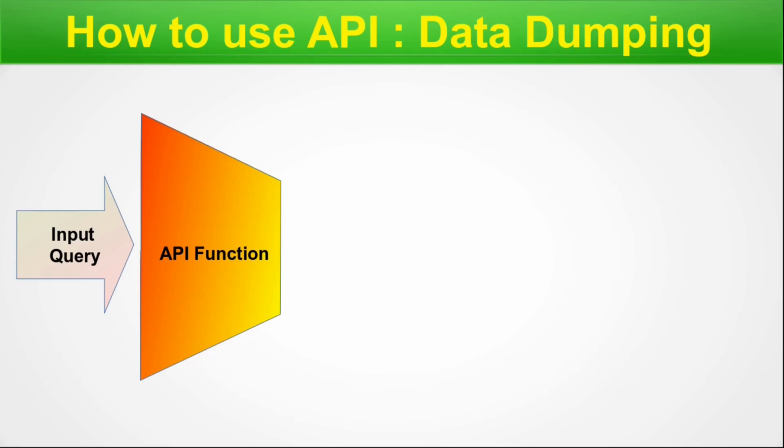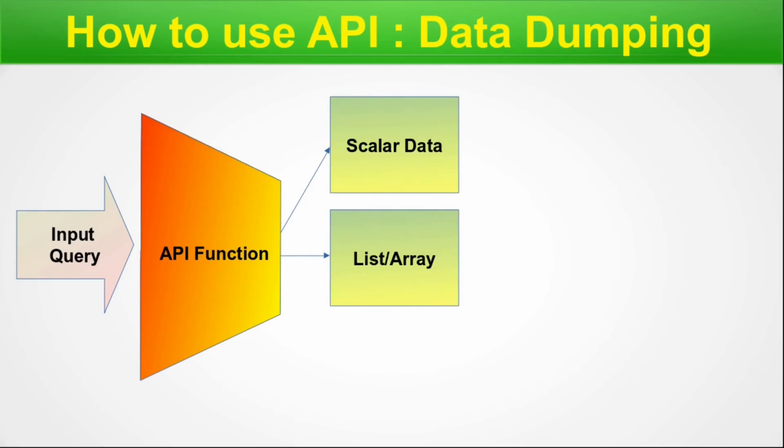Your input query may be written in terms of the API function as well as your Tickle codes, and this will generate scalar data, list or array, or lookup table. A lookup table could be two separate lists interconnected in a 1:1 mapping way. So that will be your lookup table. So all this data can come up to you.